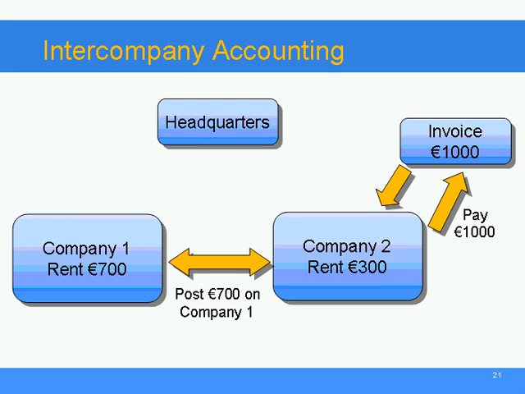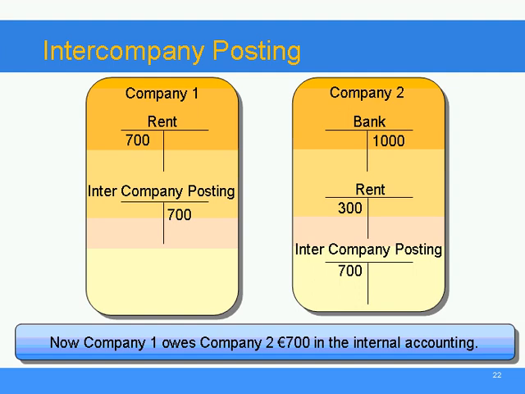Company 1 uses 70% of the building and Company 2 uses 30%. In this picture, you can see the transactions which are posted in this situation.